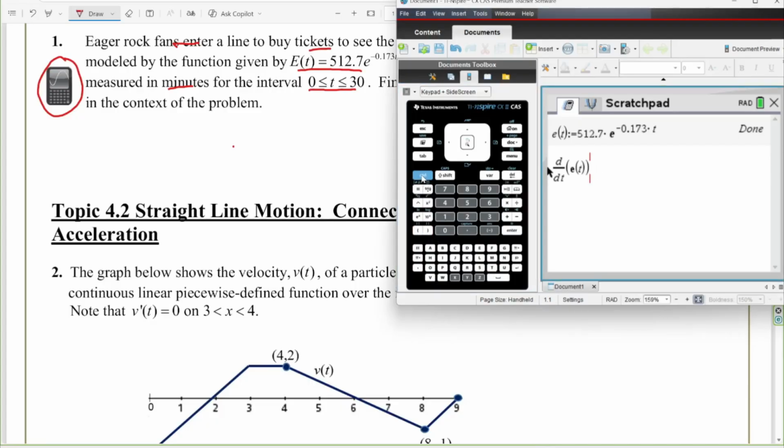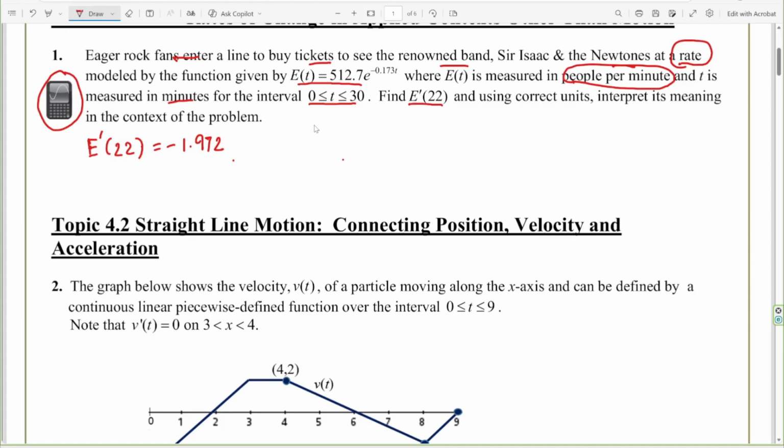Then press Ctrl equal sign, put a line right here, and then type t equals 22. And then press enter. The answer is negative 1.97235, right?